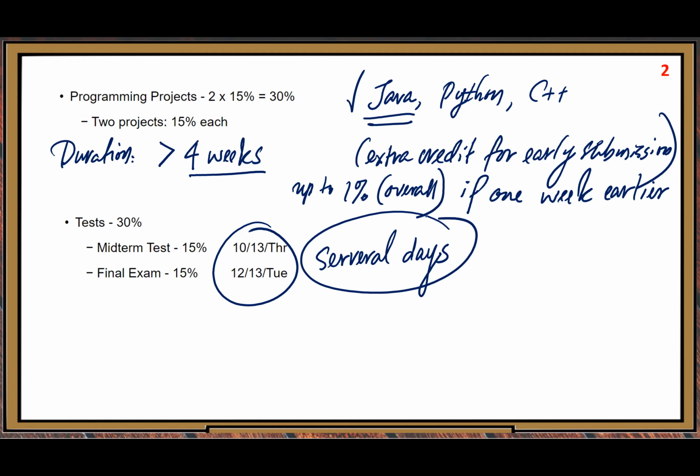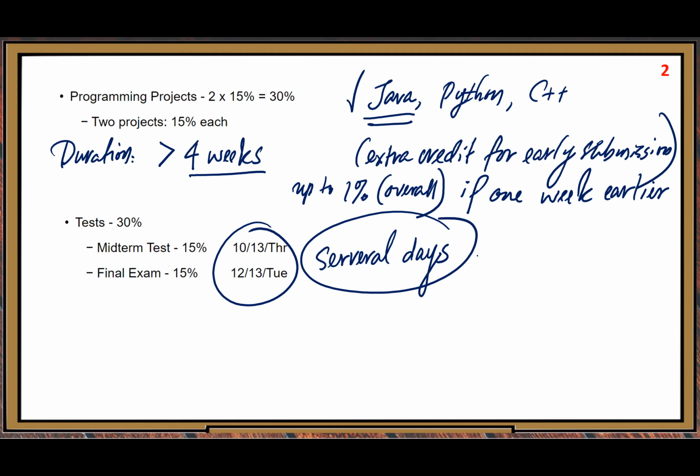So you can use a little more time than regular tests in the classroom, which are at most 2 hours for the final and only 75 minutes for the midterm. Think about those time limits. But for online, I give you several days. So try to do the best you can.